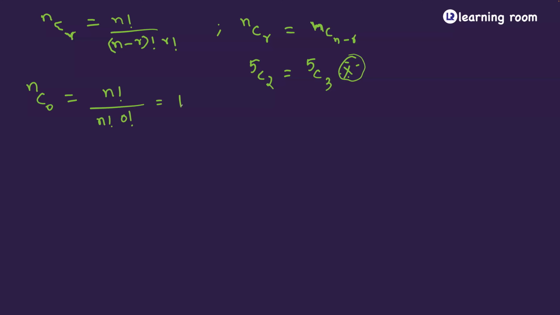So it is going to be 1, accepted. Now the question is, what is nCn? So it is going to be n factorial divided by (n minus n) factorial into n factorial. So again, you are going to get the same thing. Only thing is 0 and n in the denominator got swapped. So the answer is going to be 1.